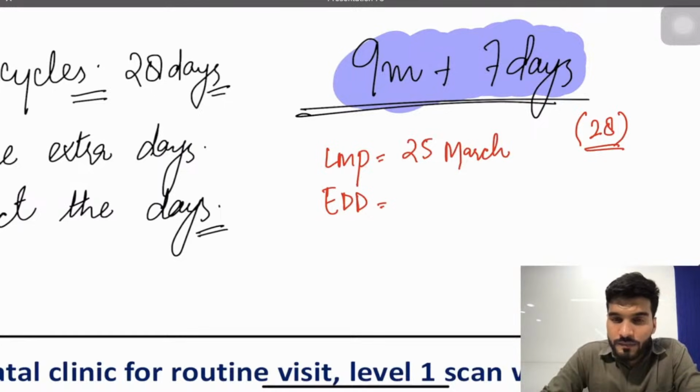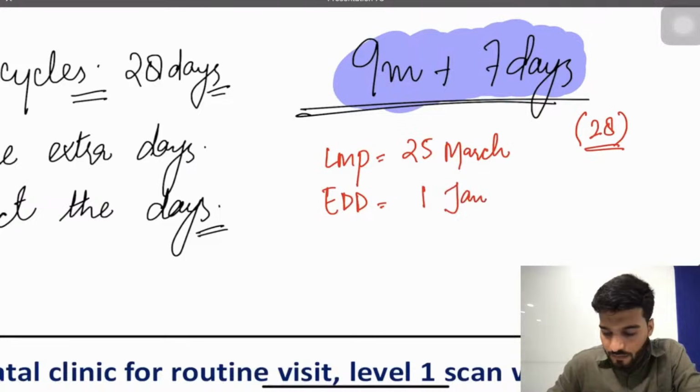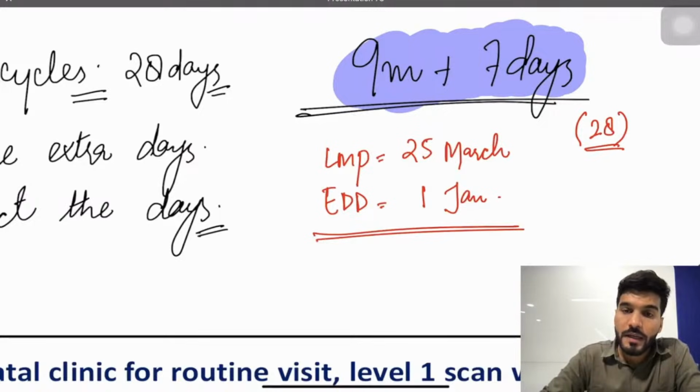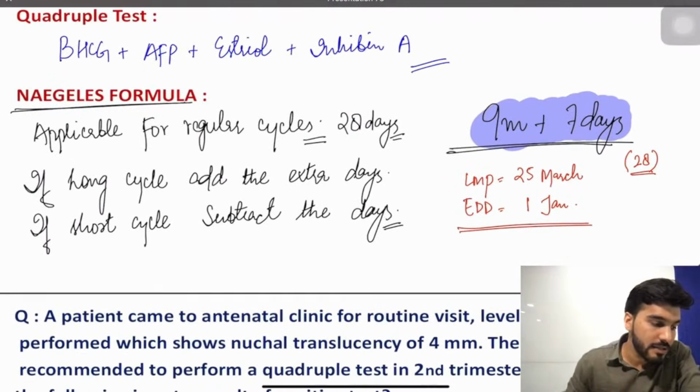Add on the days: 26, 27, 28, 29, 30, 31st, 1st. It will be 1st of January. Is that clear? Now if it is given that the cycle is 30 days, you will do 9 months plus 7 days plus 2 days, so the answer is going to be 3rd of January. If it is 25 days, you are going to subtract the days: 9 months plus 7 days minus 3 days. Is that clear? That's Naegeli's formula.